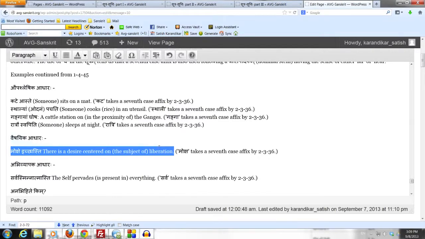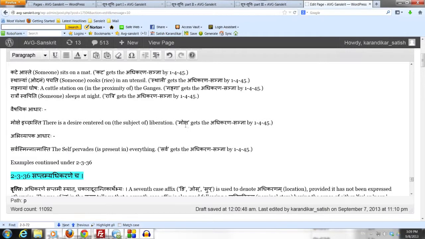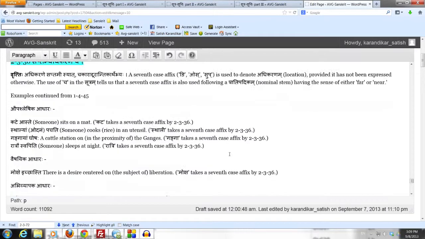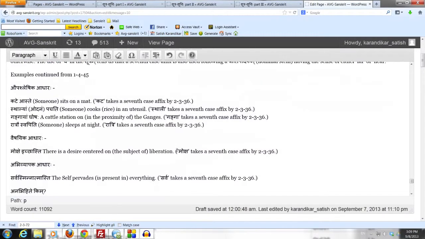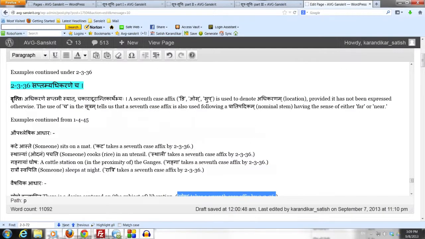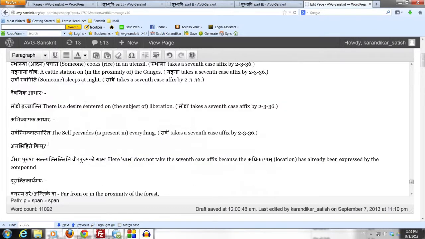There is a desire centered on the topic of the subject of liberation. Moksha has the Adhikarana Sanya by 1445, and hence the Pratipadikam Moksha takes the seventh case affix by this Sutram 2336, Saptami Adhikarane cha.